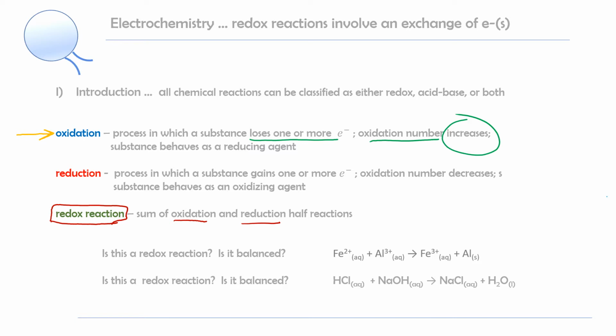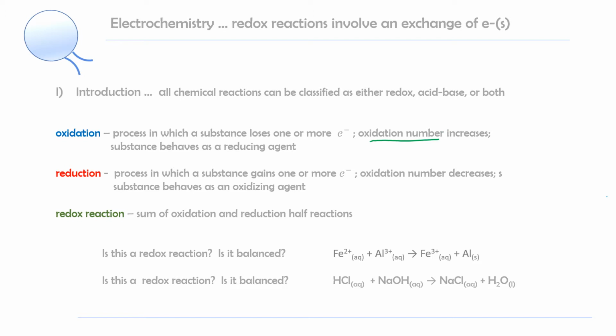Because the thing undergoing oxidation is giving up electrons to the other substance, we call it a reducing agent because it's making electrons available to the other thing. It is reducing the other thing. Okay, so terminology is really important in electrochemistry.